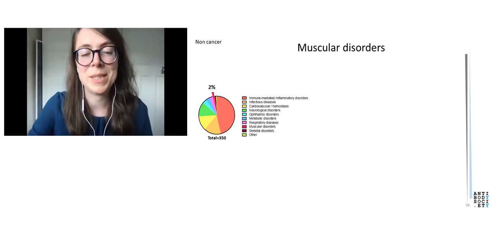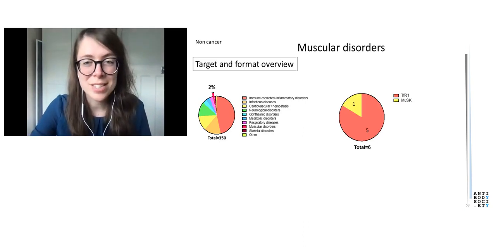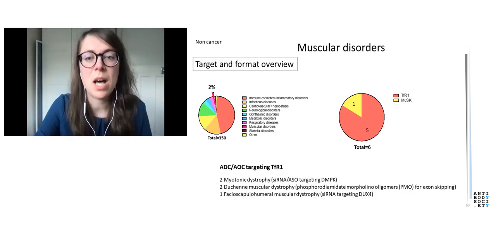Muscular disorders. These are only 2% of the non-cancer group and only 6 molecules. And if you are wondering why I am talking about this, it is because 5 of these molecules are actually a novel type of antibody.